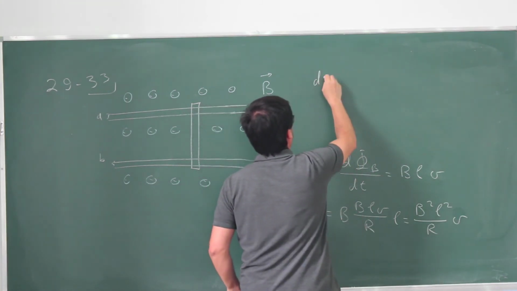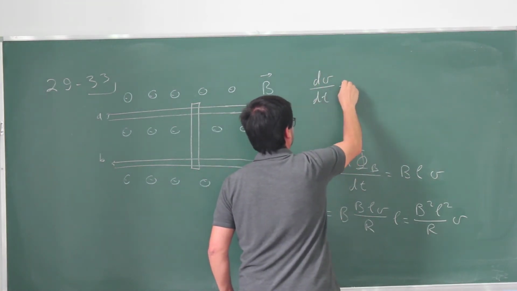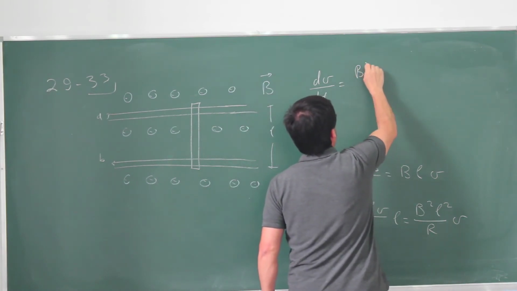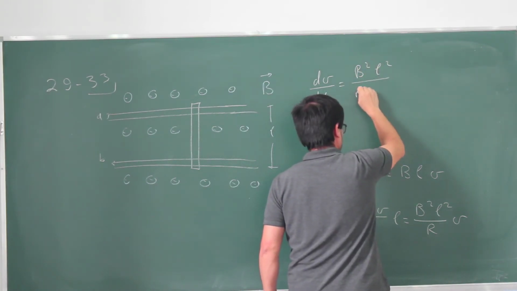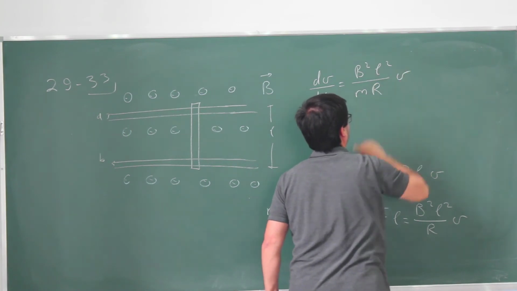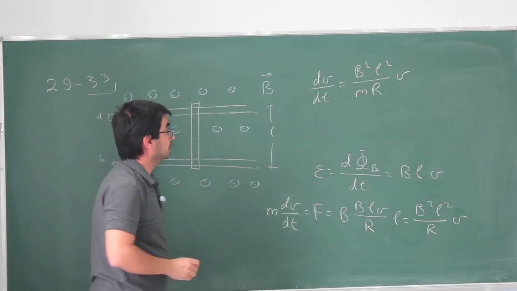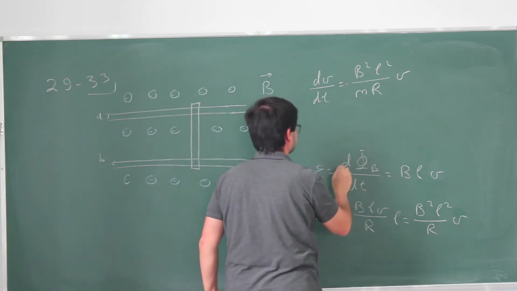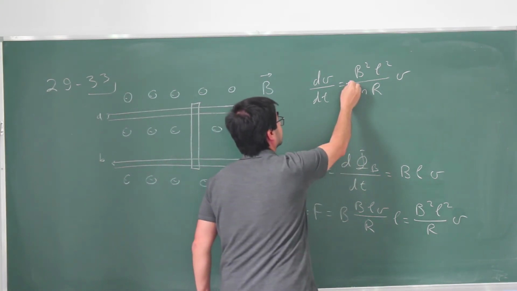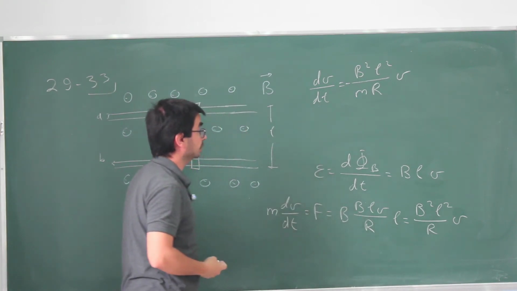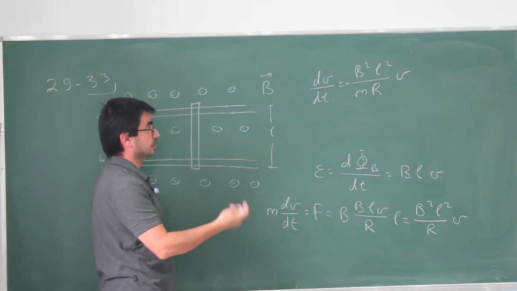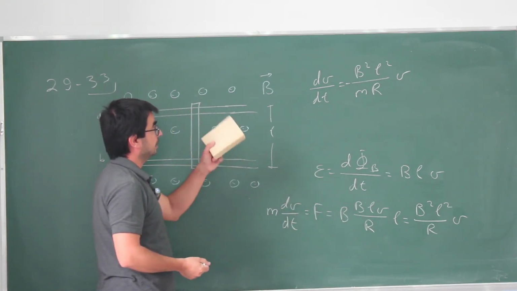This dV by dt is going to be B squared L squared over m R times V. In fact, this is the rate of decrease, so there is a negative sign in front. This force is in the opposite direction to the initial velocity. It's going to, of course, oppose the motion, and so there's going to be a negative sign.